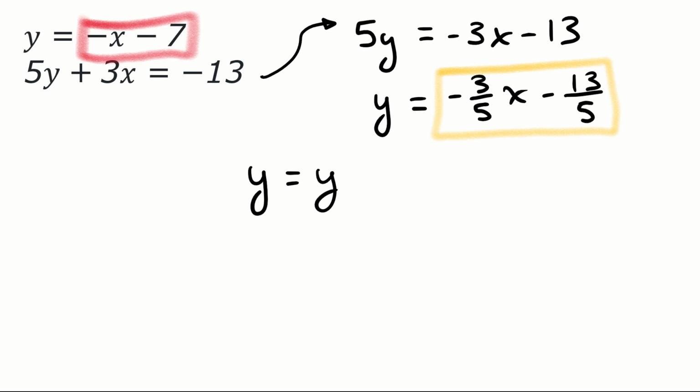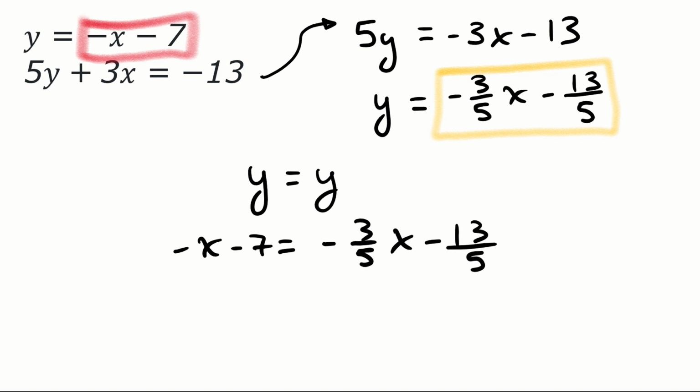So we can set the expression the opposite of x minus 7 equal to negative 3 fifths x minus 13 fifths. And from last semester, you know I'm inclined to eliminate fractions where possible. So I can see that I have these fractions that have denominators of 5.